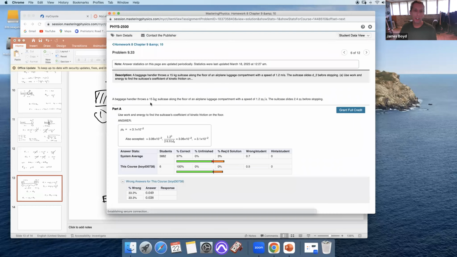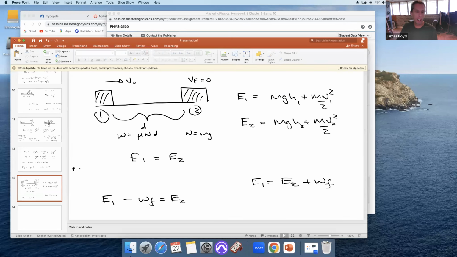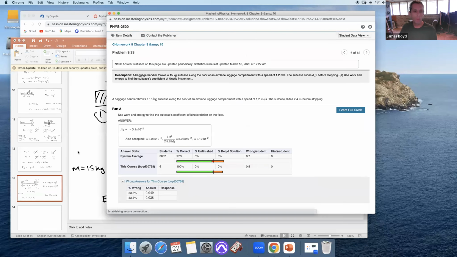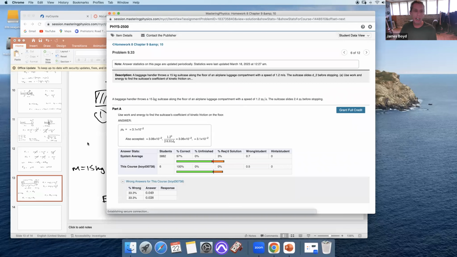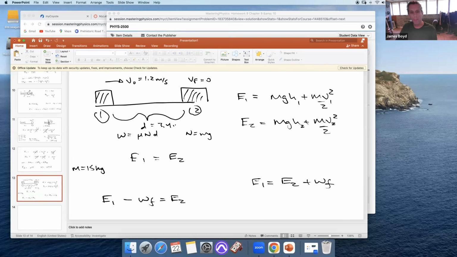So what happened was a 15-kilogram suitcase was sliding across the floor at 1.2 meters per second, and it comes to rest due to friction. And it slid 2.4 meters.